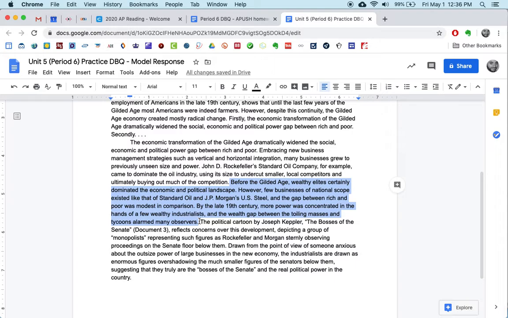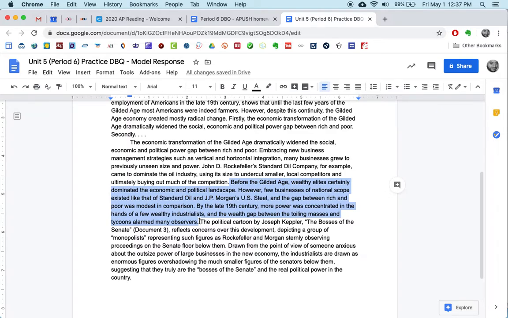With a change and continuity prompt in an essay, like I've been saying all year to my students, to make it easy for you, make sure that somewhere after your evidence you have a "before the Gilded Age," "before the Progressive Era," "before the Civil War," "before World War II," before this time period, so that's pushing you to talk about what things were like before. Change and continuity means you have to talk about the before and the after and explain why that's different or the same.